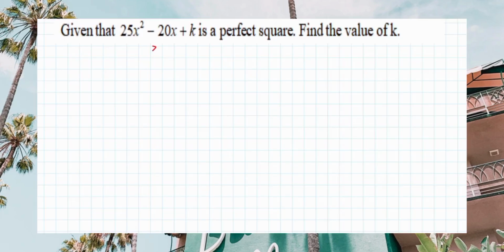We have been given another expression, but this time you've been told that given that 25x squared minus 20x plus k is a perfect square, find the value of k.